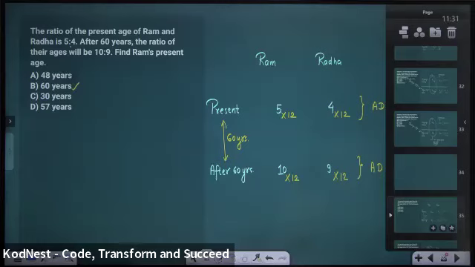Here you will have to take variables only. Without variables, you cannot solve it. Without variables, it is not possible.